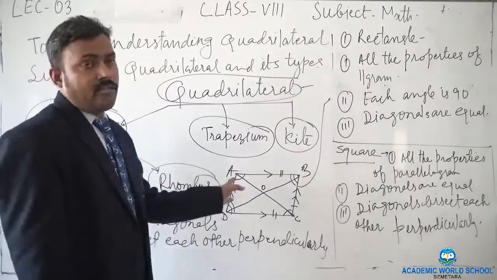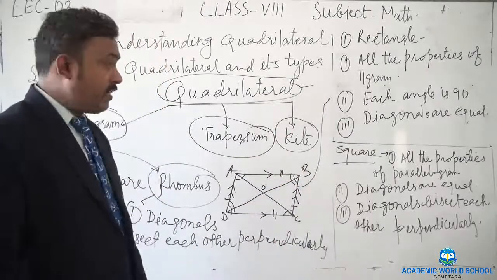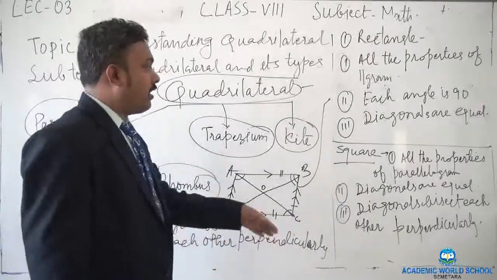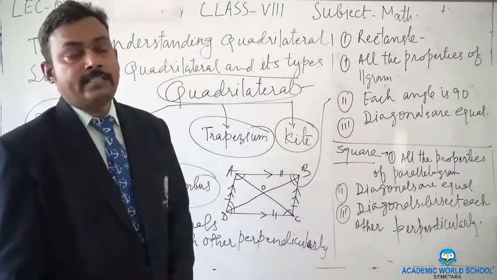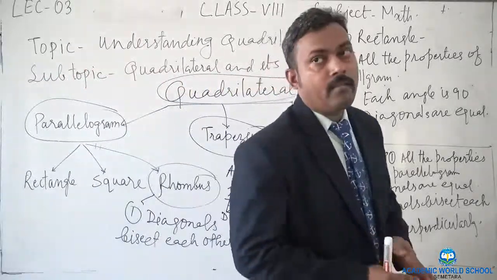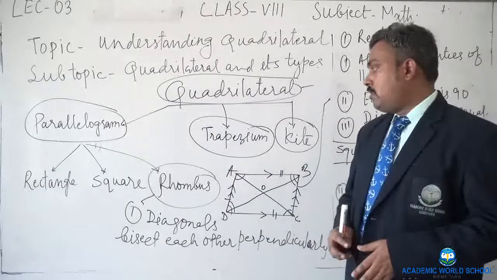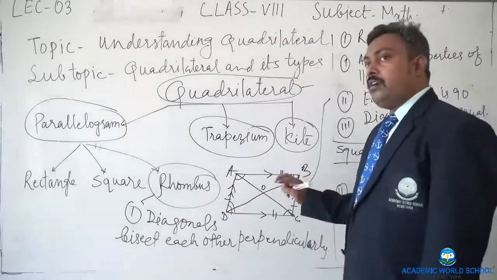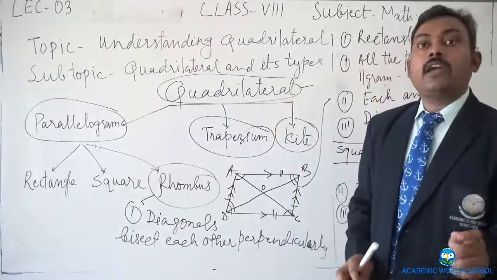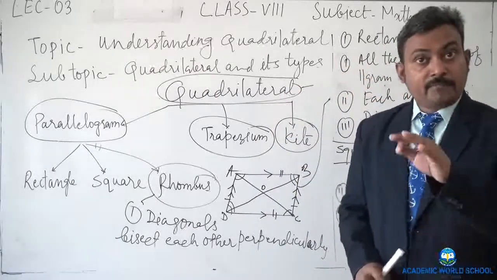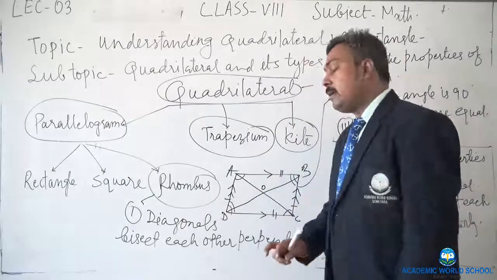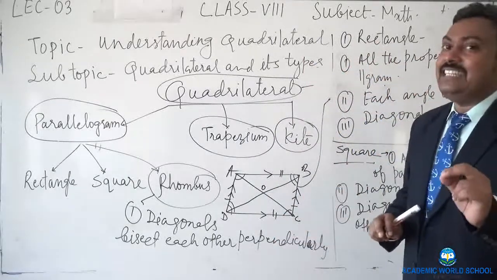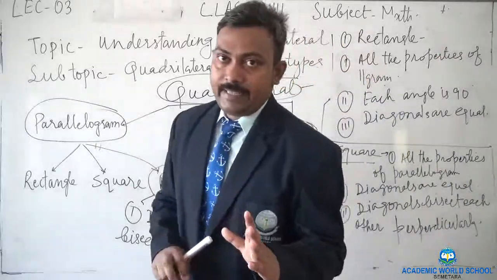Now, you have seen in the definition that a rhombus is a parallelogram whose all sides are equal, and a square is also a parallelogram whose all sides are equal. So what is the difference here? In a rhombus the measure of interior angles is different, but in the case of a square, the measure of each interior angle is 90 degrees.